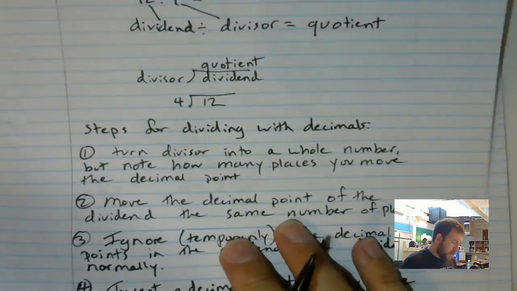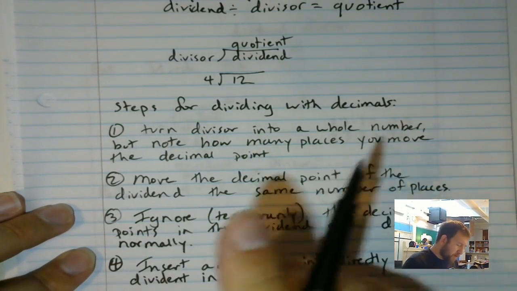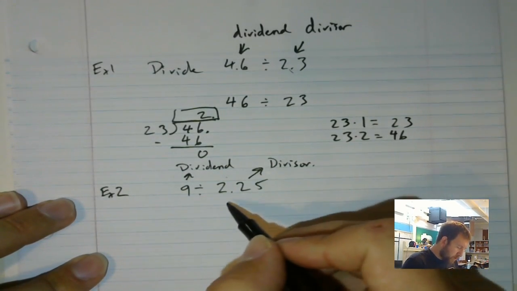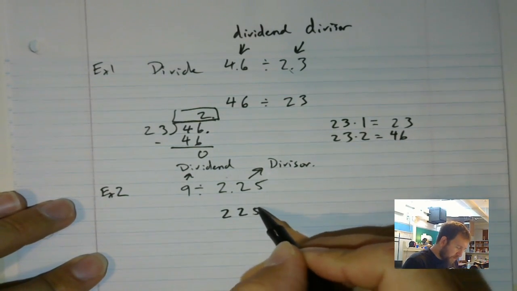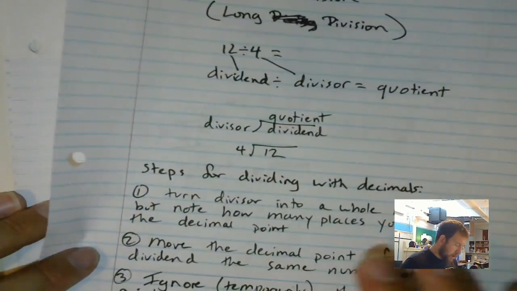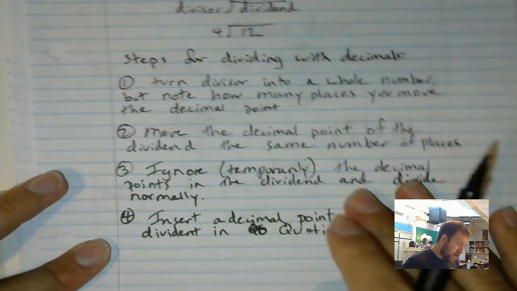What am I supposed to do again? Turn the divisor into a whole number, but note how many places you move the decimal point. Okay, I'm going to turn my divisor into a whole number, so it's going to move 1, 2. So I have 225. And I moved it 2 places over, I remembered. Step 2 is move the decimal point of the dividend the same number of places.